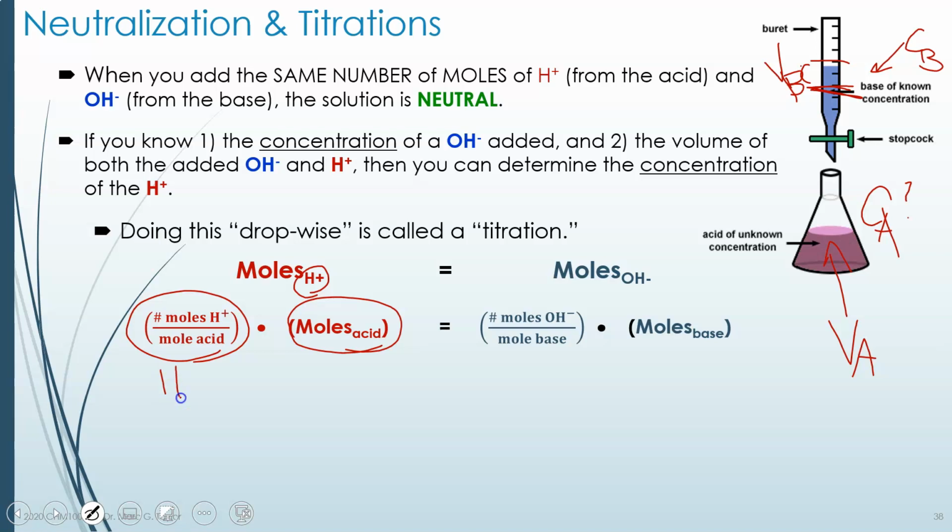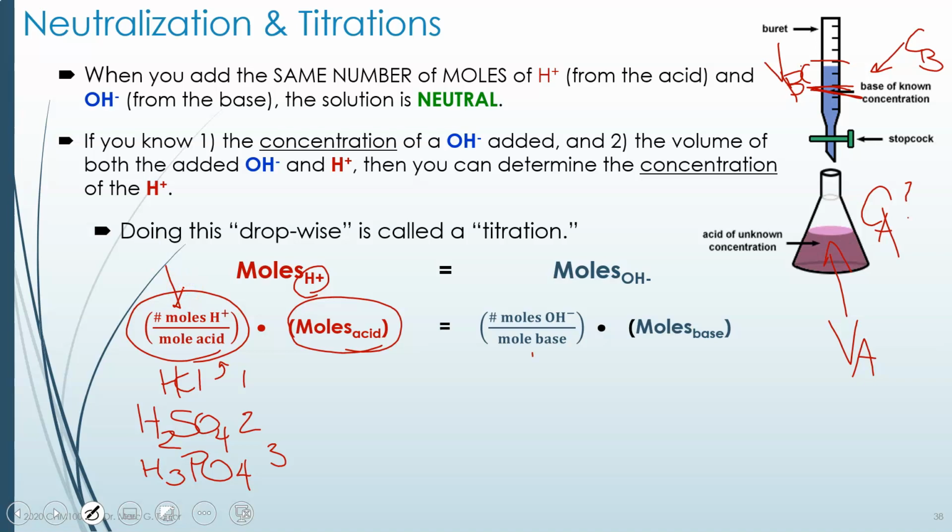So, for instance, for HCl, this number would just be 1, but for sulfuric acid, this number would be 2. And for phosphoric acid, this number would be 3. So you just look at how many protons the acid has, that's this number.